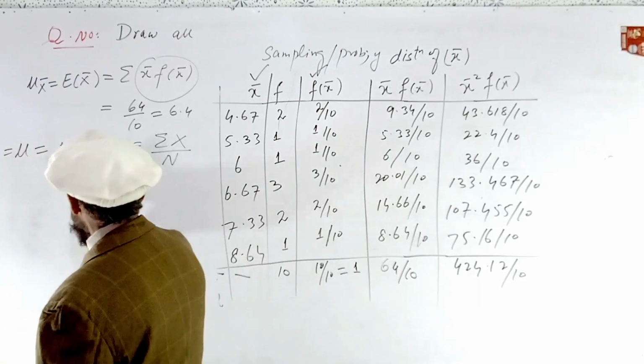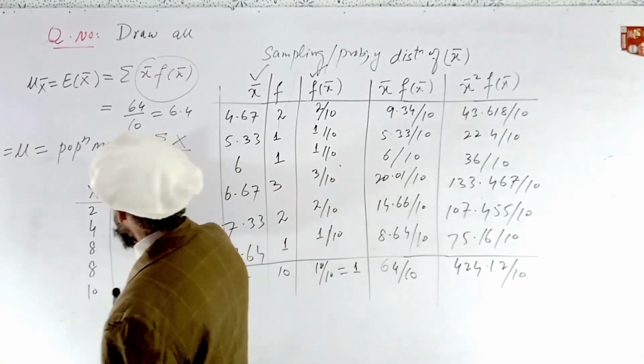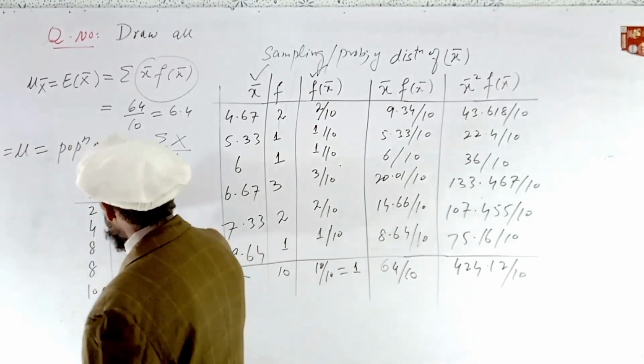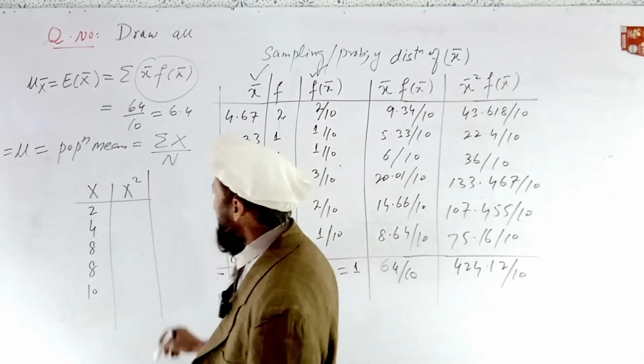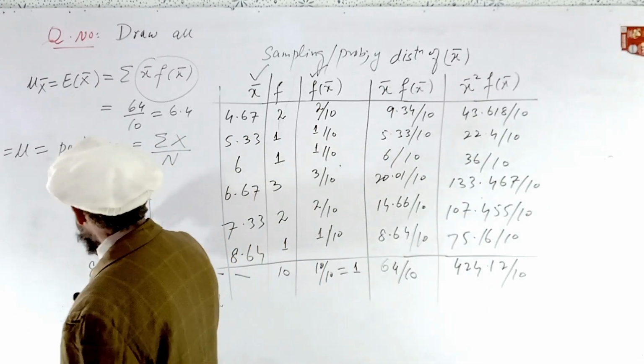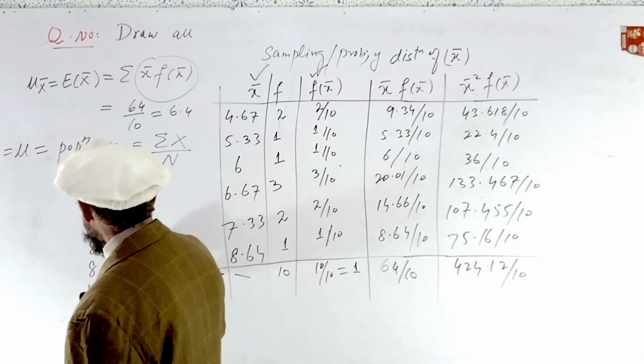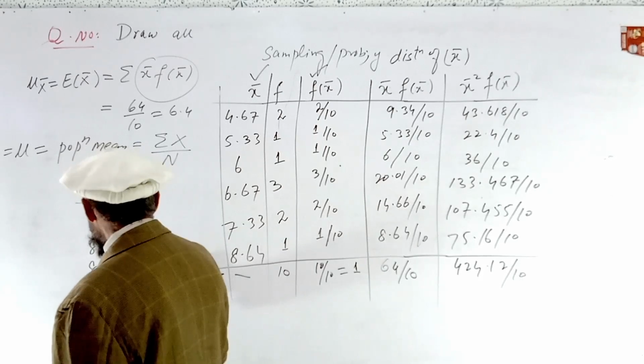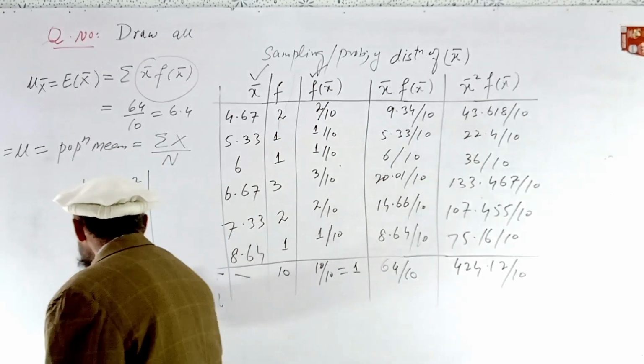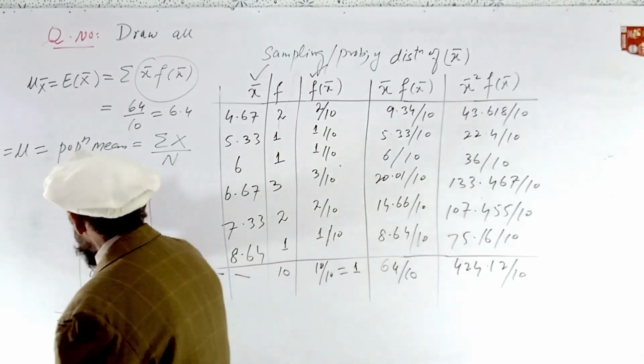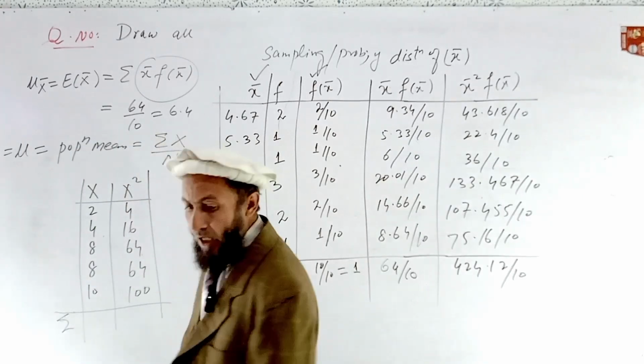These are the population, and the sum of x square will also be required for the population variance. So we have 4, 16, 64, 64 and 100 from this table. Now we add this column, so we get the answer.